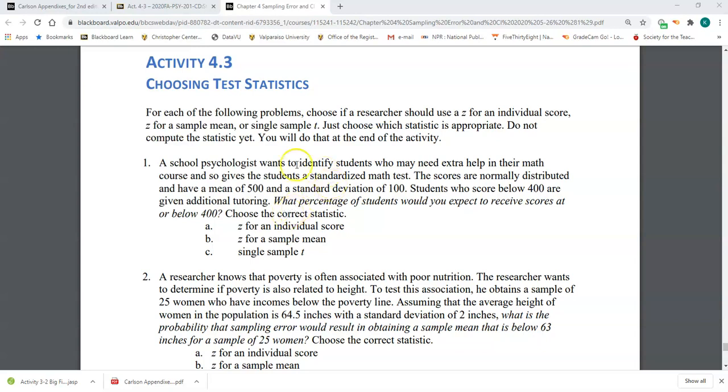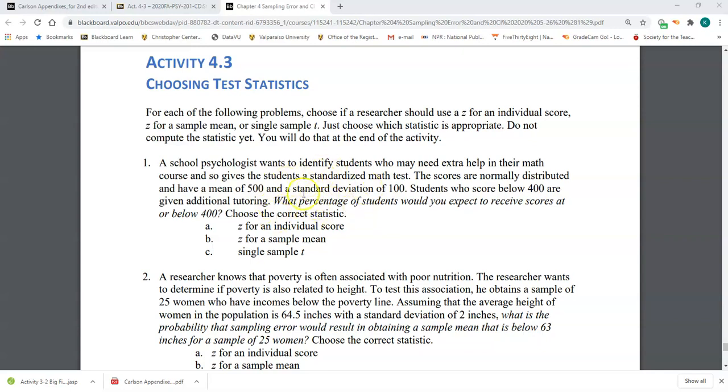So in this first scenario, if you read it, you're going to find that at the very end, it's going to ask what percentage of students would fall, or what percentage of scores you would expect to receive scores at or below 400. It's really talking about individual scores, not sample means.